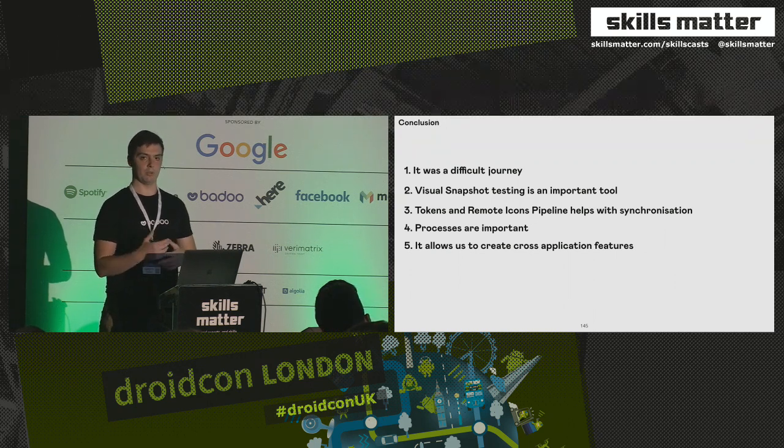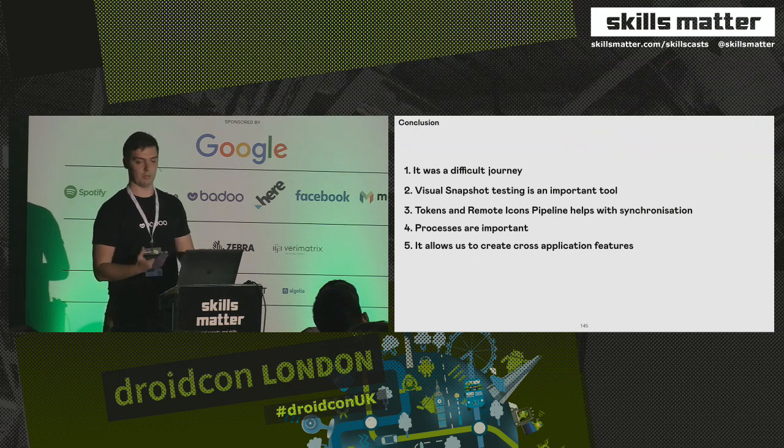And we improved our processes, and it allows us to create cross-app features. Imagine, you just create one module, and depending on the application you set it up. So it looks adapted for the specific brand, but you already have a set of tests, and it's already tested.